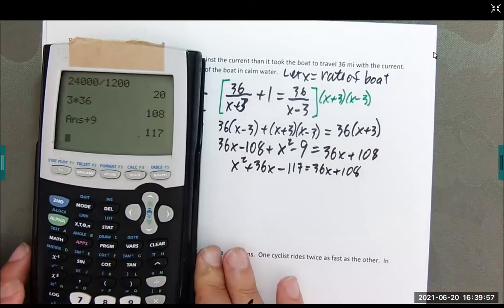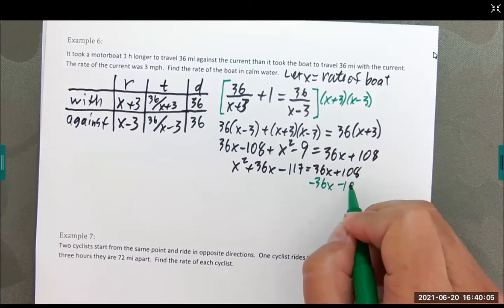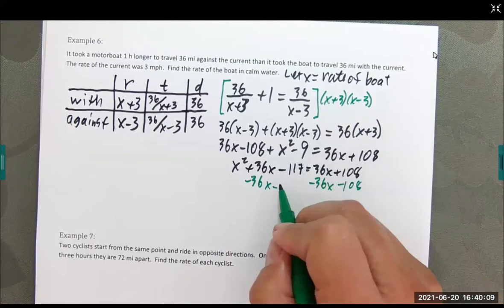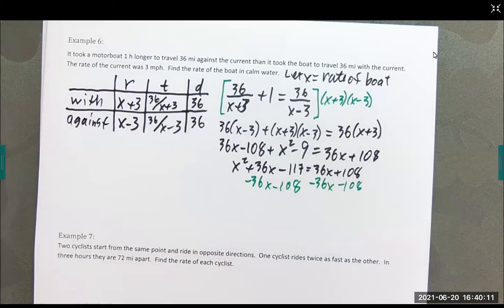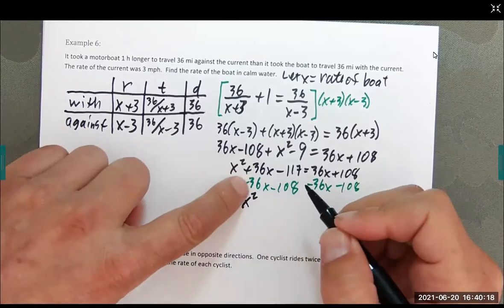And now that we have a quadratic, let's get everything over to one side. So let's subtract. So we get x squared, and 36x minus 36x, they're out.